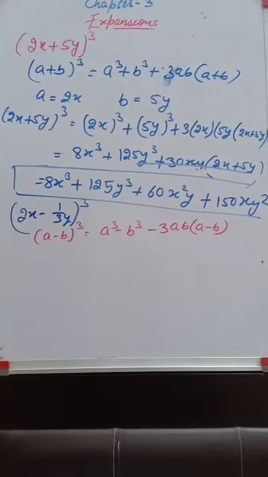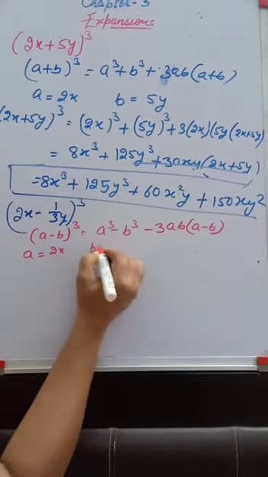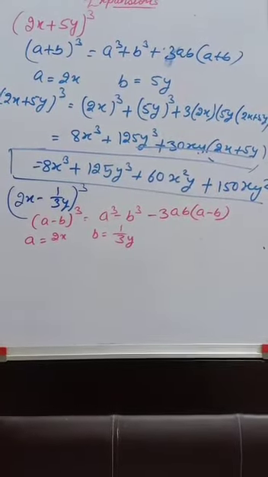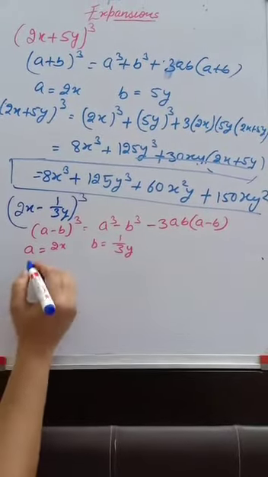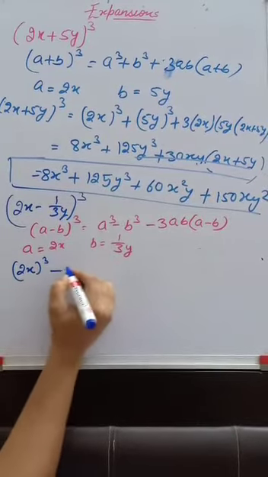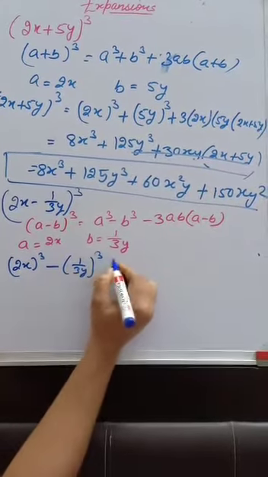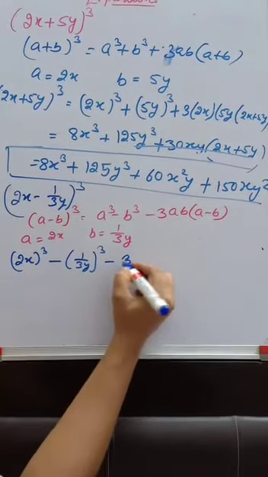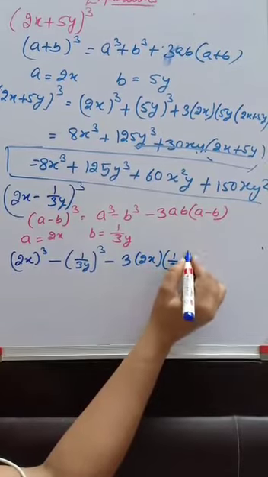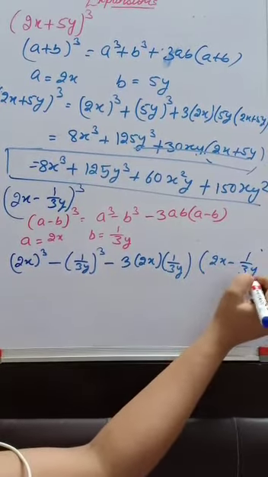This is the identity. Now just compare: a is equal to 2x and b is equal to 1 upon 3y, right? Now put the values. What will you get? a cube, that means 2x whole cube, minus b cube, that means 1 upon 3y whole cube, minus 3ab, that means 2x into 1 upon 3y, into a minus b, 2x minus 1 upon 3y.